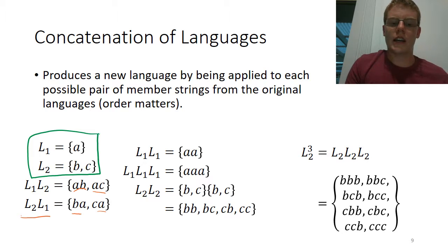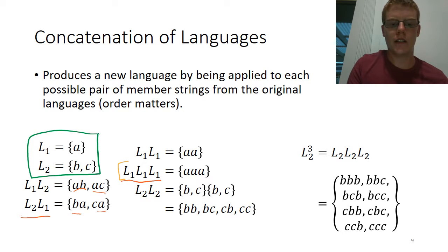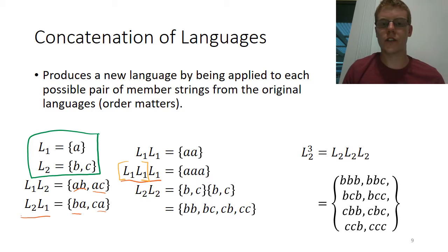We can concatenate a language with itself, in which case it is just the concatenation of all of the pairs that can be made from that language. And we can concatenate repeatedly, in which case the result of concatenating the first two languages is concatenated with the next language, which is then concatenated with the next language, and so on.